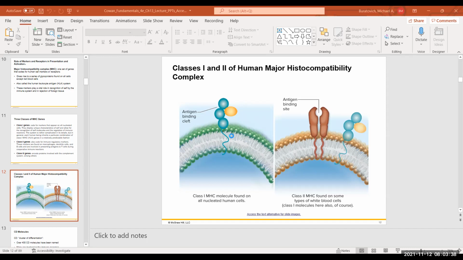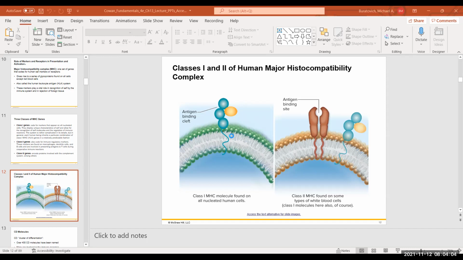These antigen receptors are quite unique because of the way that they are made in your body. When B and T cells are activated and they divide, they make a clone of themselves.